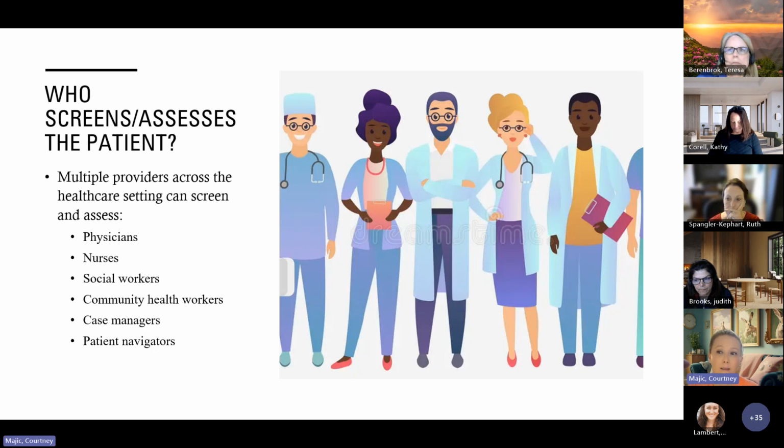And this can be collected in multiple different ways at different times. There can be certain intake forms that are used, screening tools, patient-provider interaction, and these can also be reported by the patient themselves.